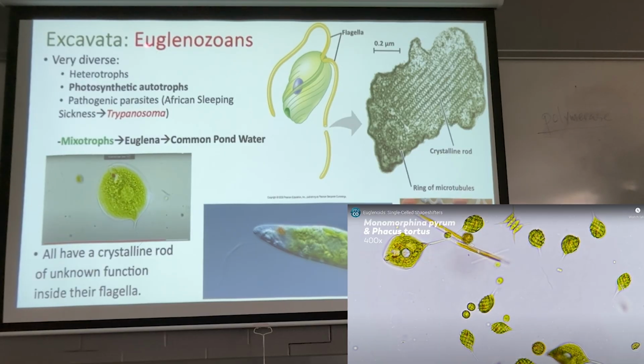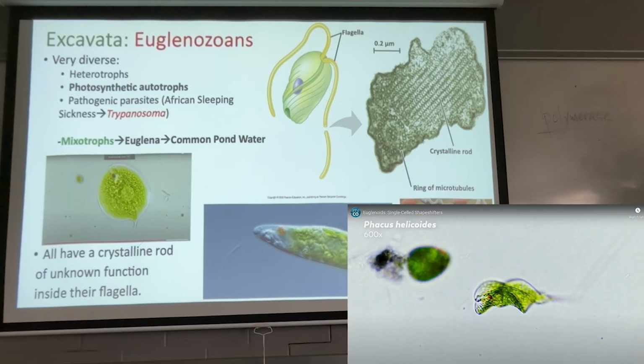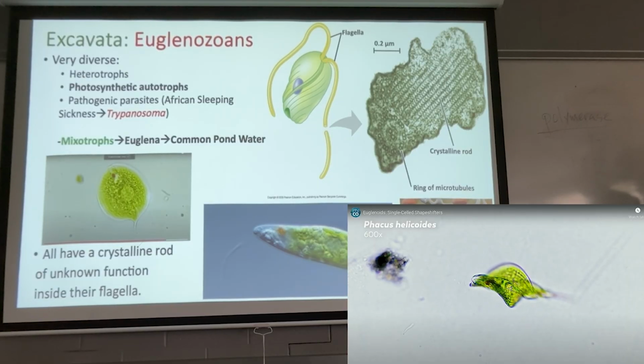Now, the majority of euglenozoans have a crystalline latticework like this. You can see all this lattice work of material laid down in a very organized fashion. That's called the crystalline rod, which is associated with one of their flagella if they are flagellated. Many of the euglenozoans have two flagella.